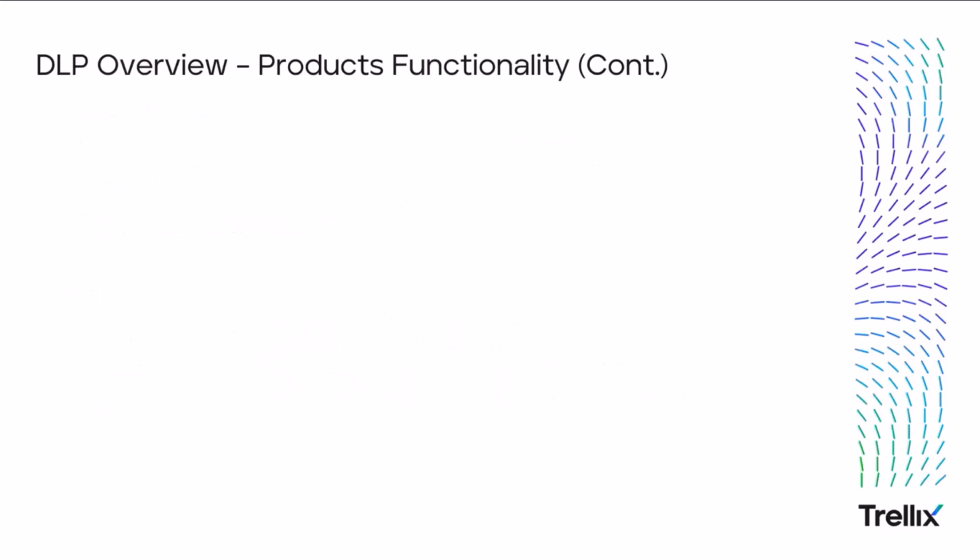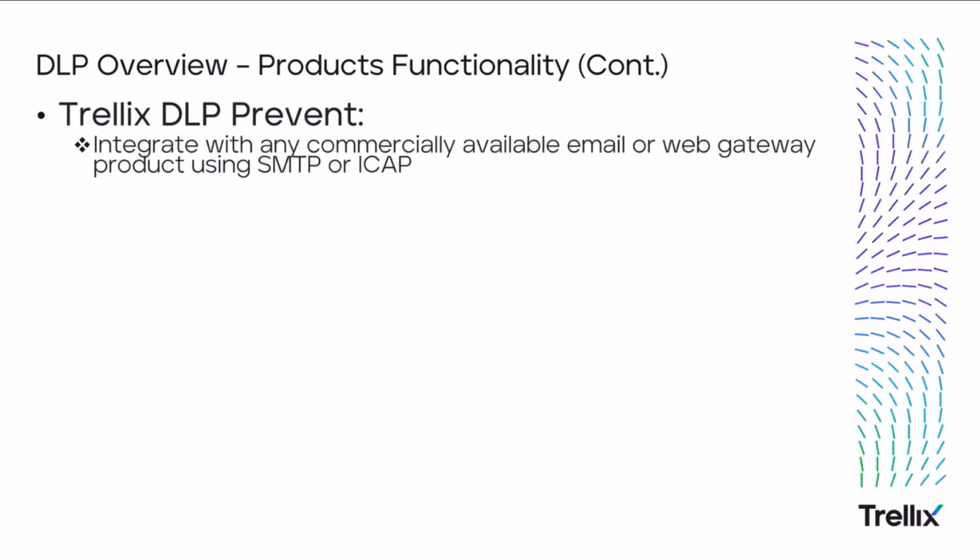Followed by monitor, we move on to the other functionality, which is DLP Prevent. The main difference between monitor and prevent is that with prevent, we can block the file upload or the data upload, whereas with monitor, we cannot. Prevent is integrated with a web or email gateway, which will send the ICAP or SMTP traffic.